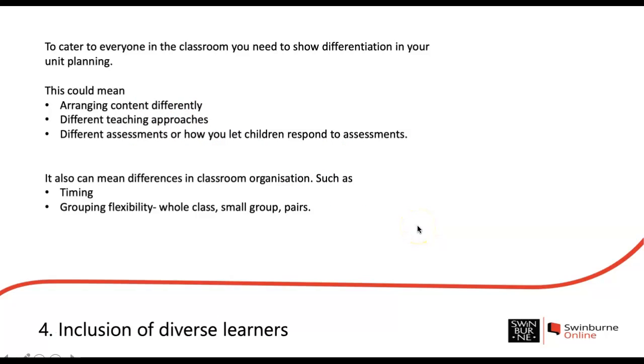Other things that you can do to show us that you're differentiating for students is things like timing. In my example of different teaching approaches, I said that if I was asking students to write for 30 minutes in an independent writing, some students couldn't cope with that timing. It's just far too long. Some students are frustrated.